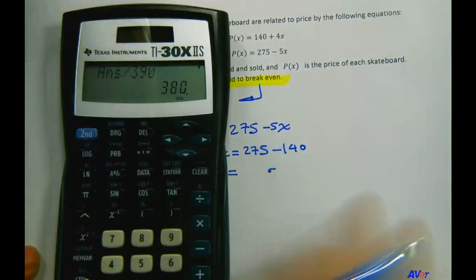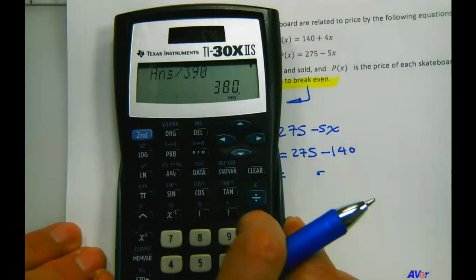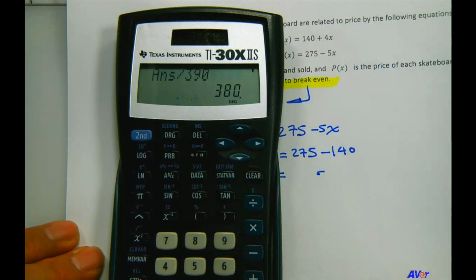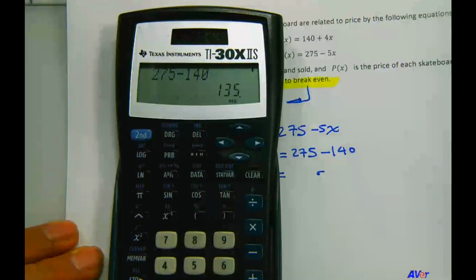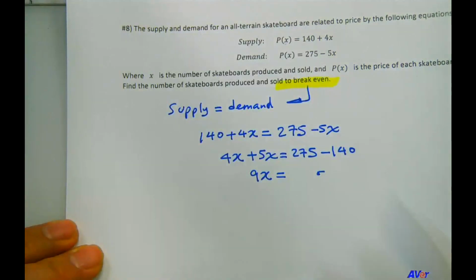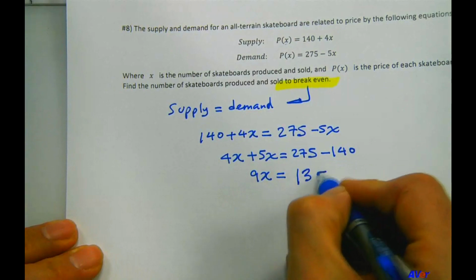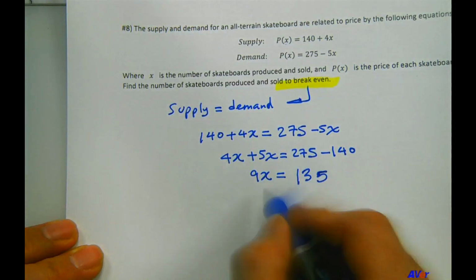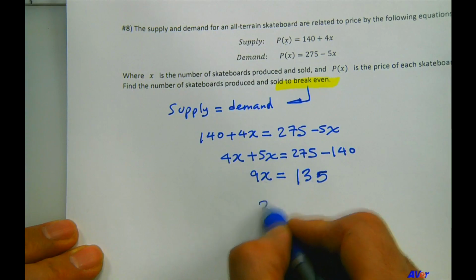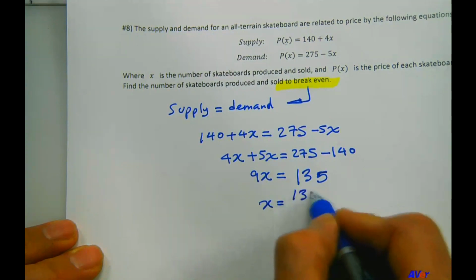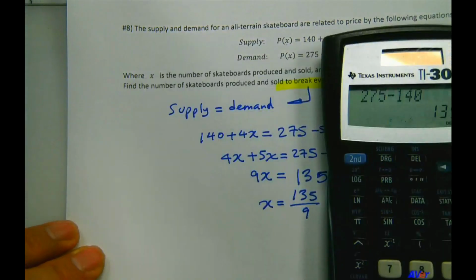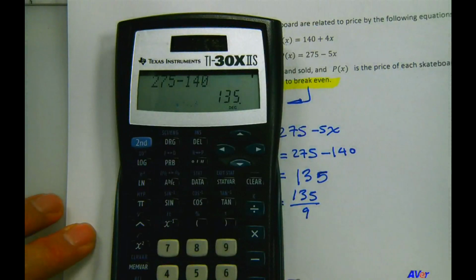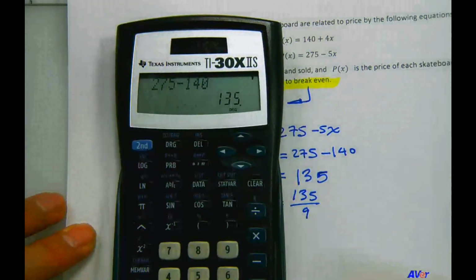275 minus 140, 135, right? So 9x equals 135. And what do we get? 135 divided by 9, so we get 15.